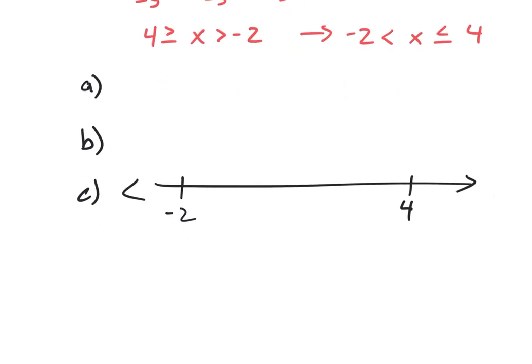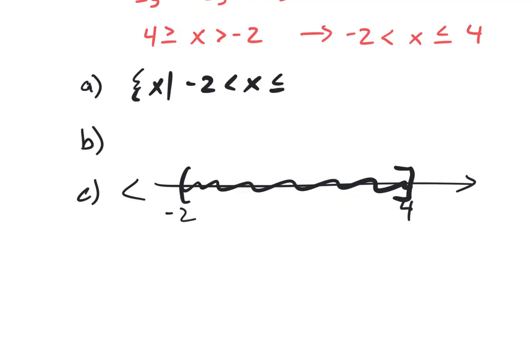Okay, and then once again, all of our work here is the same as what we've done. Parenthesis open and to the right, bracket open and to the left, and shade everything in between. Okay, so now, part A. We're saying for all x values, we're just really taking our statement right here and putting it into our set builder notation.